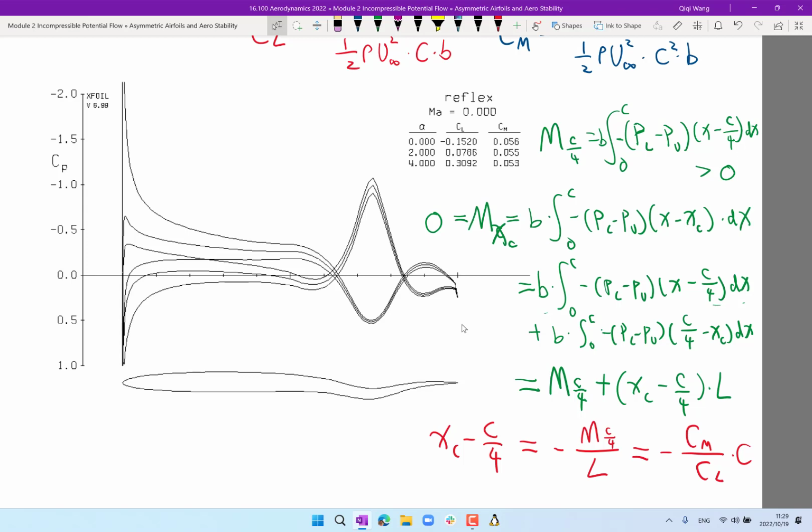Also, the error of the thin airfoil theory is going to be larger if the airfoil is thicker. So that's again another scenario where it's better to get the Cm and Cl at different angles of attack and then make a decision about stability.